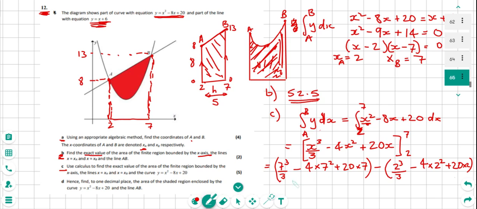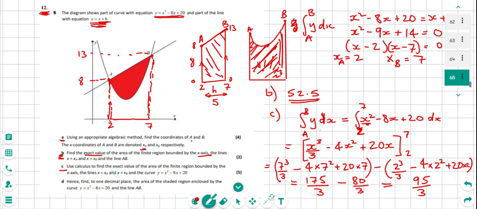And so we just work all that out, and I get for the first bracket 175 over 3. Second bracket, which we're taking away, is 80 minus 3. And so if we then just work that out, we can just subtract top lines because the denominators are the same, then that's going to be 95 over 3.